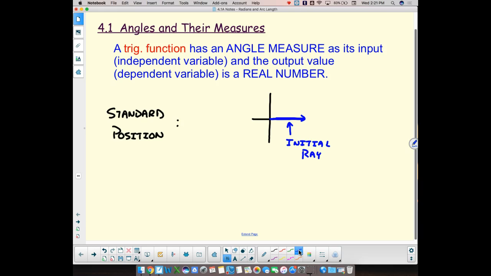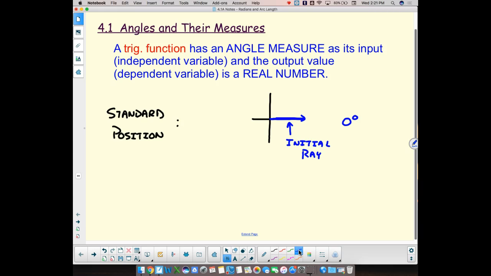And the initial ray always, in standard position, goes straight out to the right. So much so that we call that 0 degrees. Straight out to the right is 0 degrees.